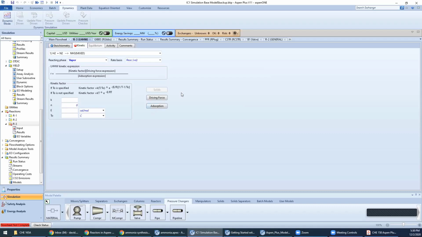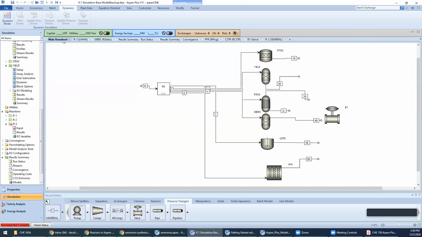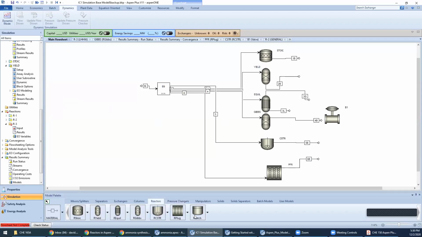No, you said you preferred the later two reactions because they take into account the size and some of the heat duties of the reaction. If you're trying to model a physical system, yes, then you need a rigorous reactor. So CSTR, plug, or batch. You can see that these four, Stoic, Yield, Equilibrium, and Gibbs, they don't say anything about the size of the reactor or how long it will take.